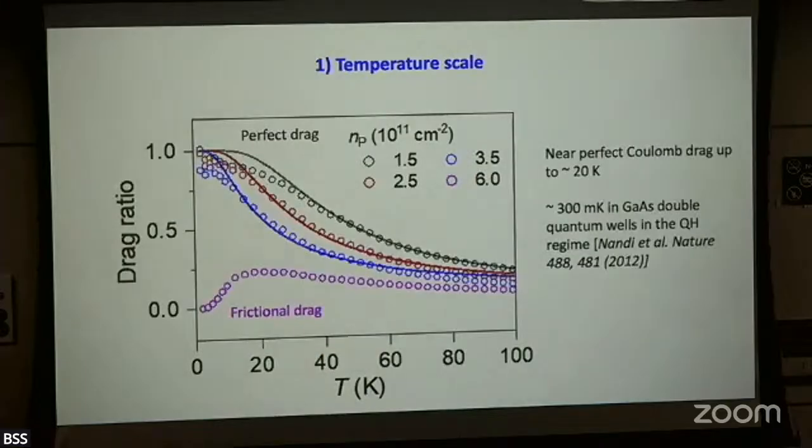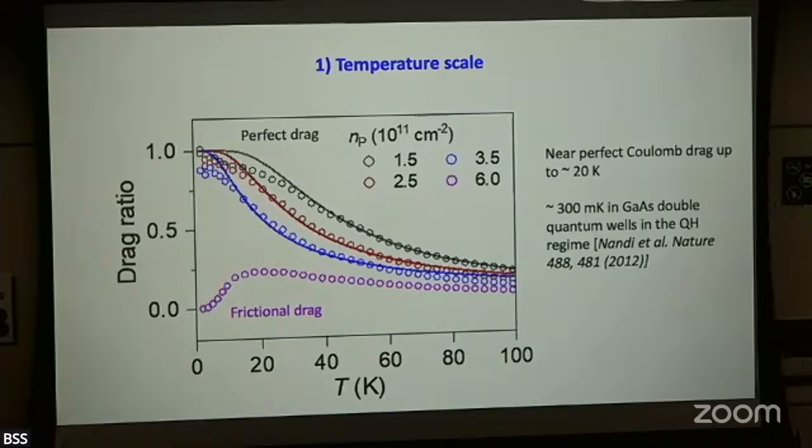Okay, so let's take a look at the temperature scale. I don't want to get into the detail, but it shows that somewhere around 10 or 20 K, it is still pretty good, perfect drag. But when you go to higher temperature, you can thermally dissociate some part of the excitons, so this goes down.